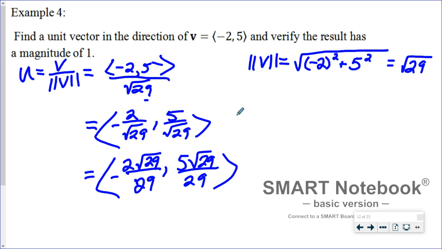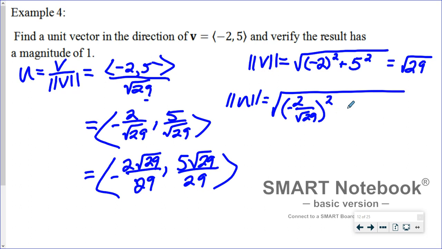Now to verify that it has a magnitude of 1, we again use our formula, and I'm going to use this one because it's actually going to be a little bit easier. So I will say negative 2 over root 29 squared plus 5 over root 29 squared.